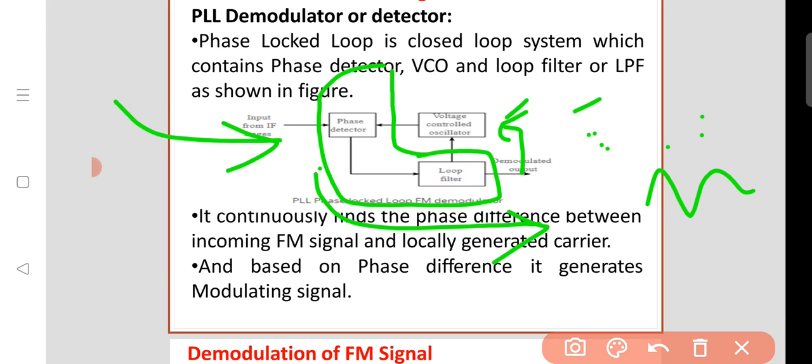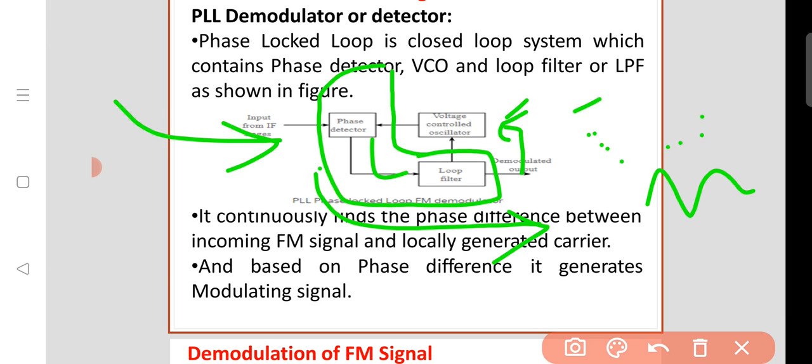So it always compares the phase differences and then feeds them further to the loop filter, meaning the low pass filter. That error signal, the output of the phase detector, is fed to the low pass filter. It is the phase difference between the input signal and the feedback signal, which comes from the voltage controlled oscillator.